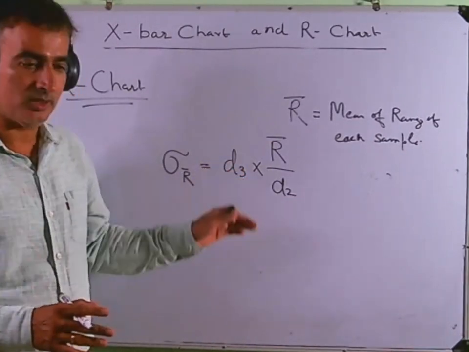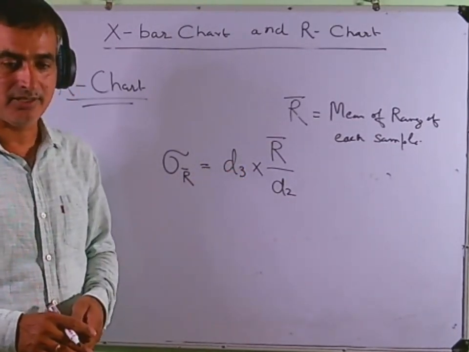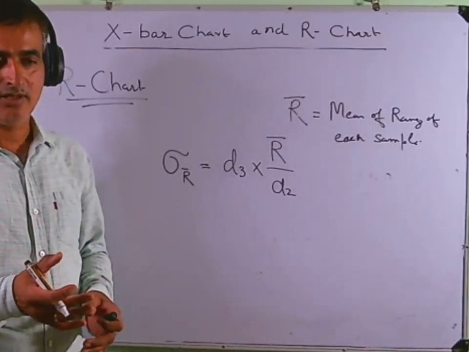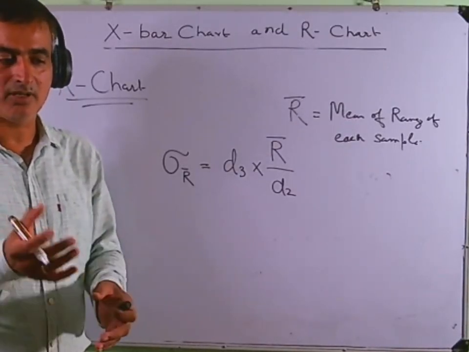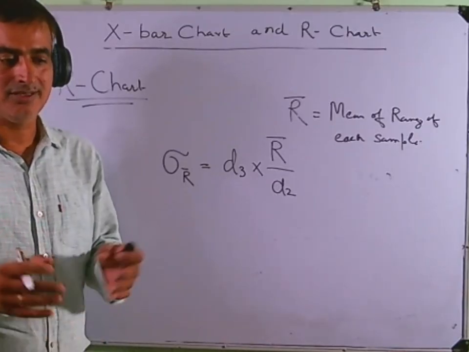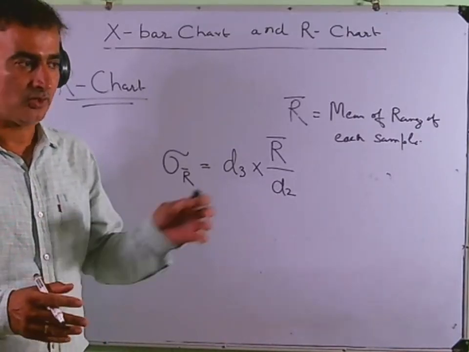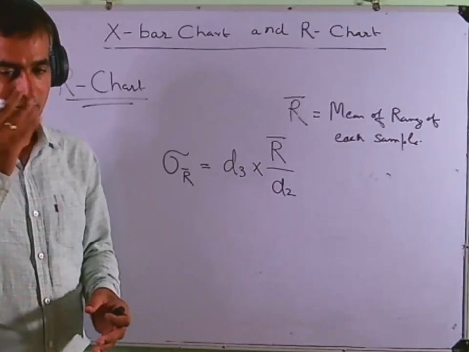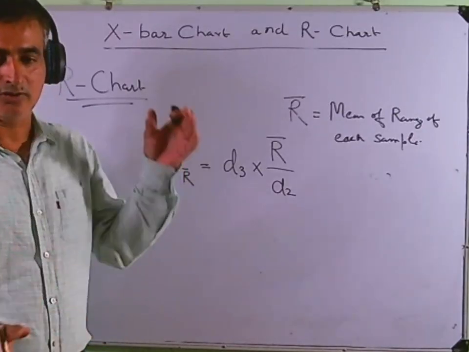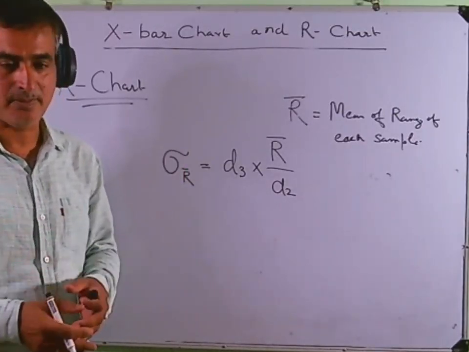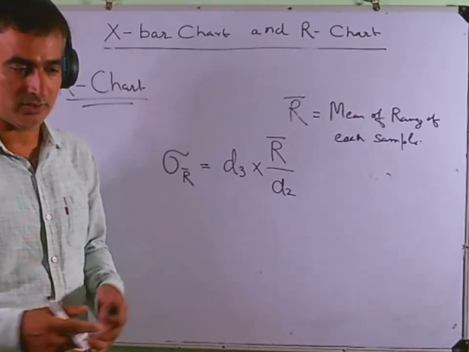Whenever the process fluctuates between the upper control limit and lower control limit, this is because of chance causes, and if it goes out of those bounds, then this is because of assignable causes.